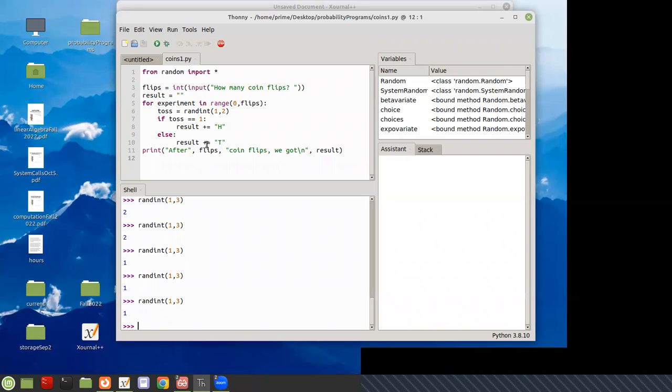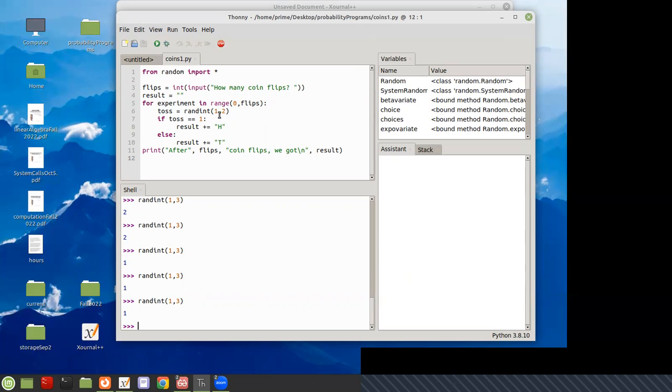So here's one of the first programs, coins1. And all this Python program does is import the random function, random int, so we can model a coin. And this is going to model a coin flip. Now we can flip the coin many times. So it's going to have a loop here for experiment in range 0 through flips.